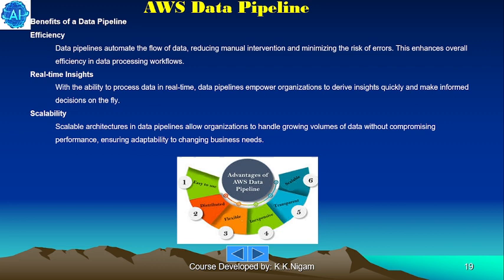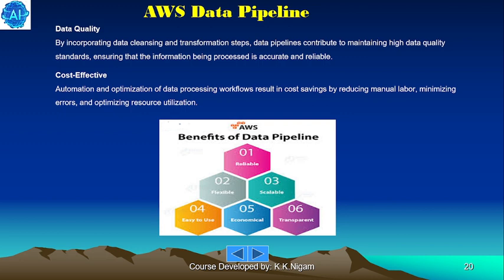Scalability. Scalable architectures in data pipelines allow organizations to handle growing volumes of data without compromising performance, ensuring adaptability to changing business needs. Data quality.